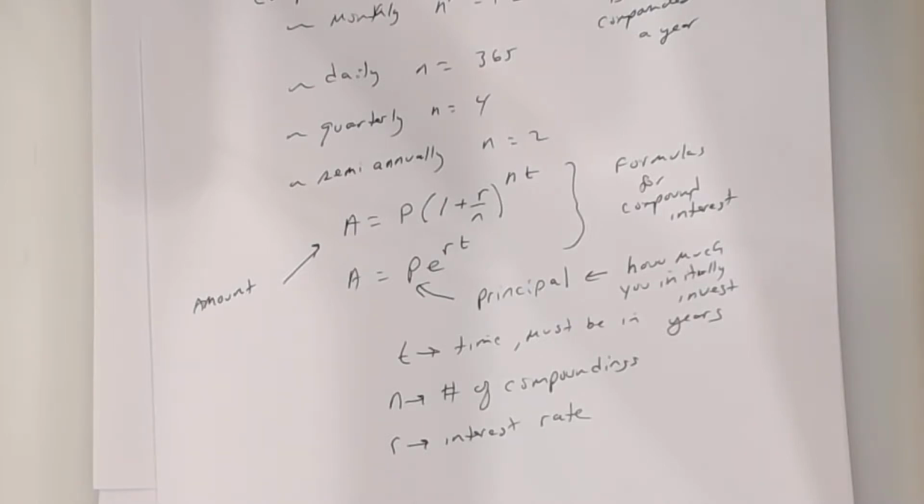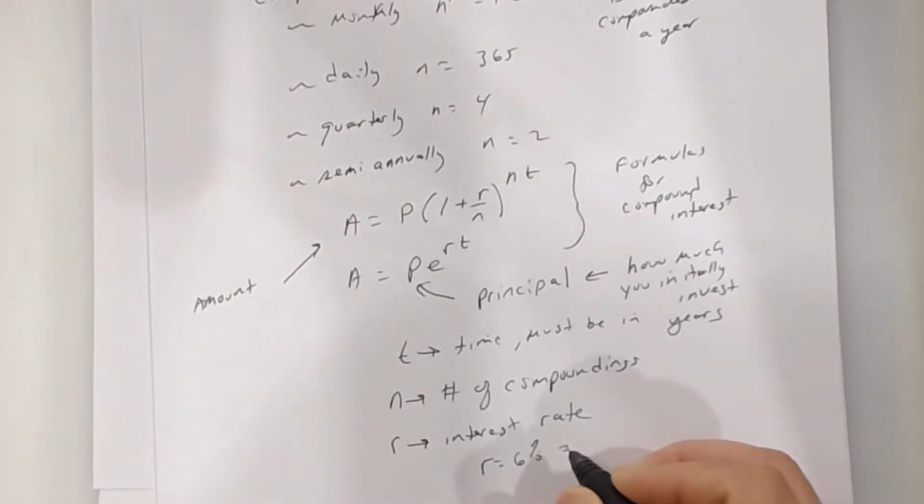So for example, now you have to remember some things from a previous course. So if I tell you that the interest rate is 6%, then you got to write it as a decimal. What is 6% as a decimal? 0.06. Okay. So you don't put the 6 as R, you got to rewrite it as a decimal. You learned about percents maybe 3 courses ago.